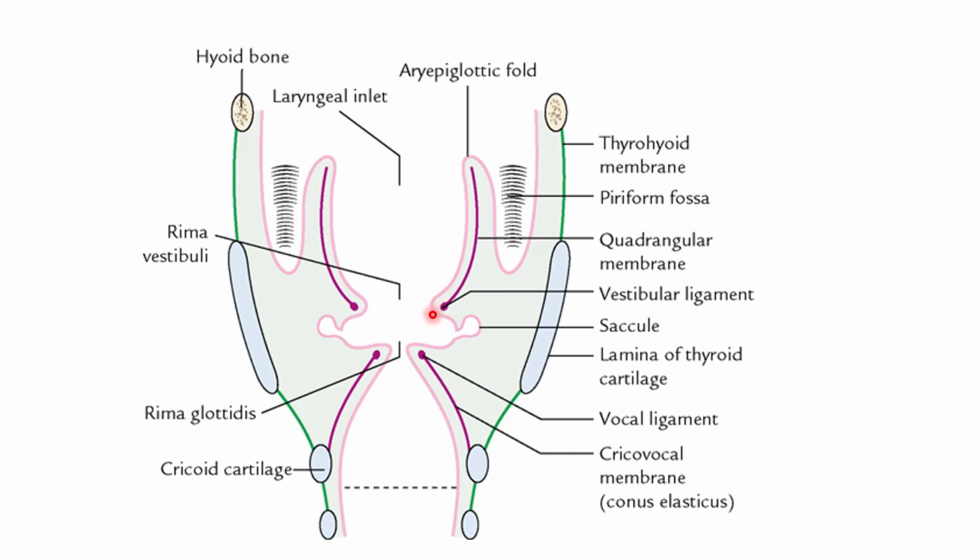The vestibular fold is nothing but a fold of mucous membrane which contains the vestibular ligament deep to it. So this part is called the supraglottic part, or the vestibule of the larynx.